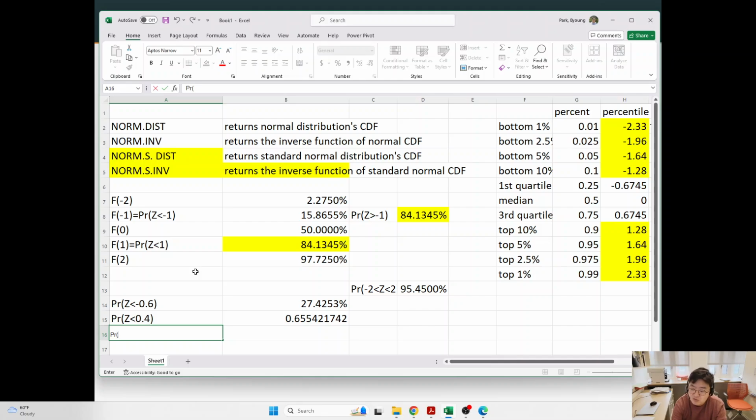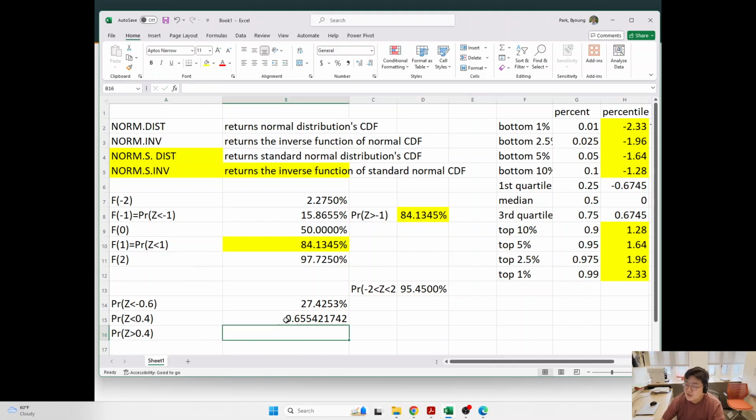And then, but actually what we need is probability greater than 0.4. It is 100% minus this guy, right? So first, we calculate the cumulative probability, and then turn that into the probability we want.